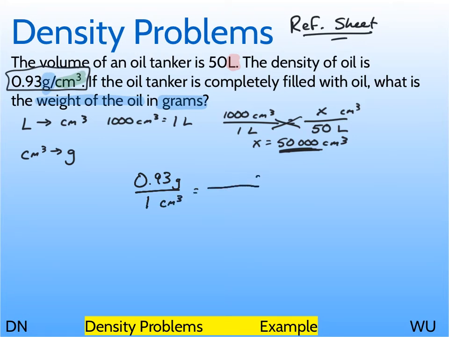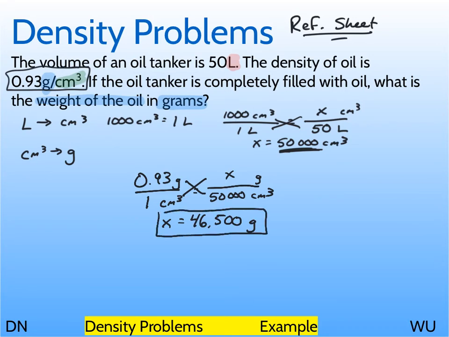And then that should equal some number of grams, which is what we're looking for as our final answer, over the 50,000 centimeters cubed. And all you have to do to solve this problem is cross multiply. You get X equals, calculator, you get 46,500 grams.